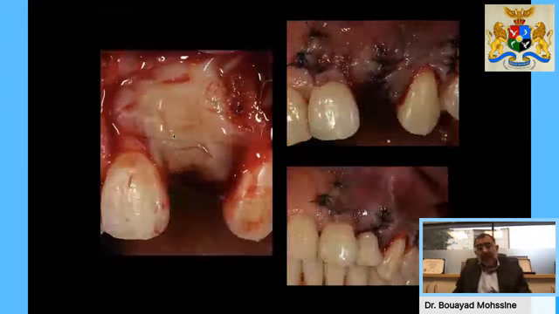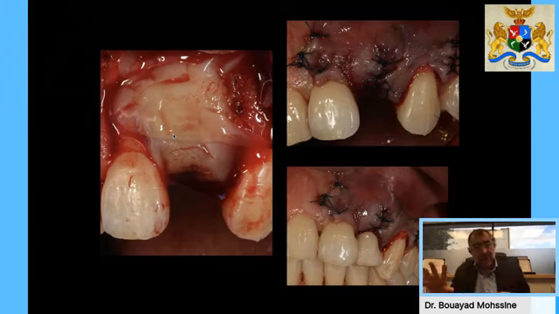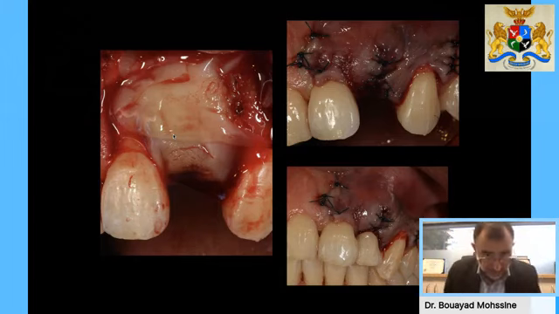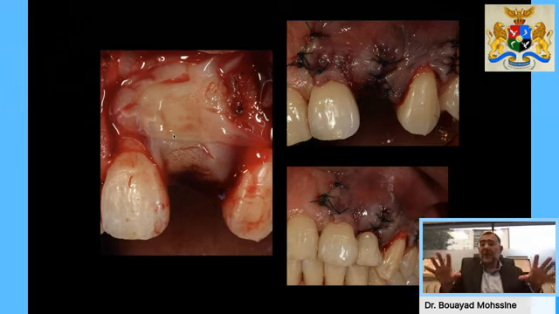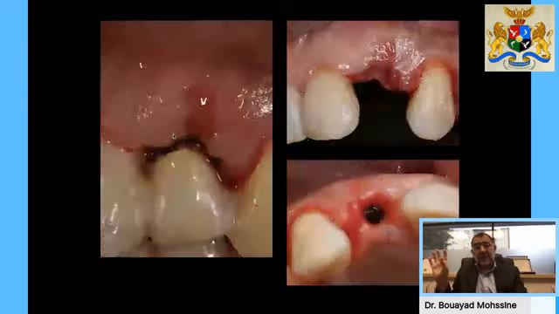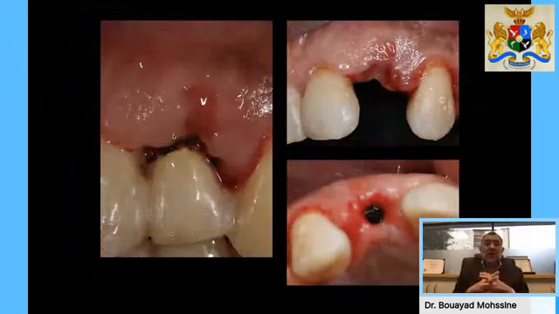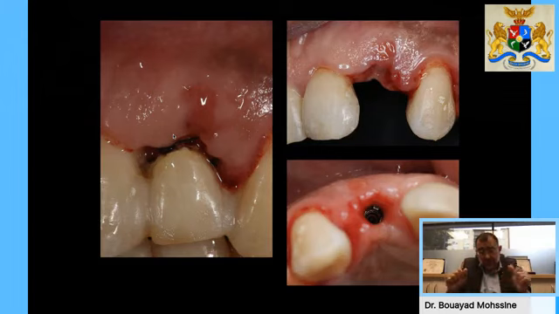And I place PRF and growth factor over the bone grafting, and we close the flap, and we can create a new gingiva with connective soft tissue in the second surgery.